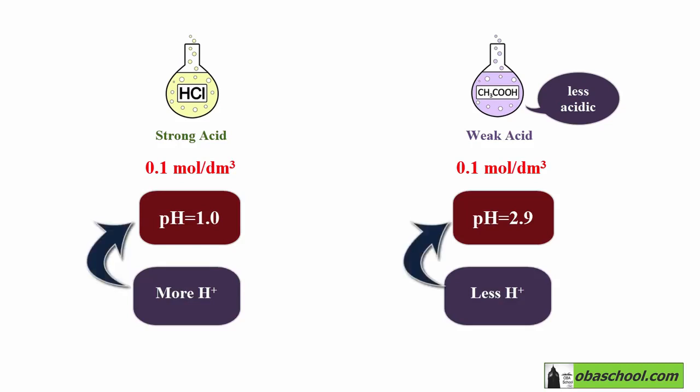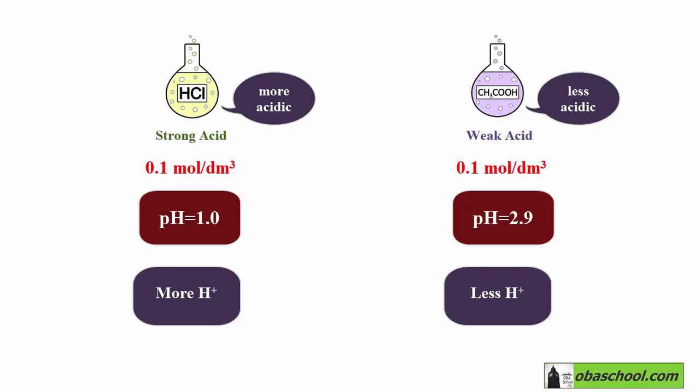And the pH depends on the concentration of H+ ions. So the more H+ ions we have in a solution, the more acidic the solution will be, and thus the less pH value we will have. So this explains why two solutions of the same concentration of HCl and ethanoic acid have different pH values.